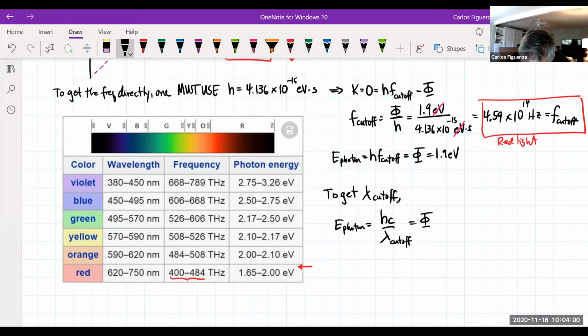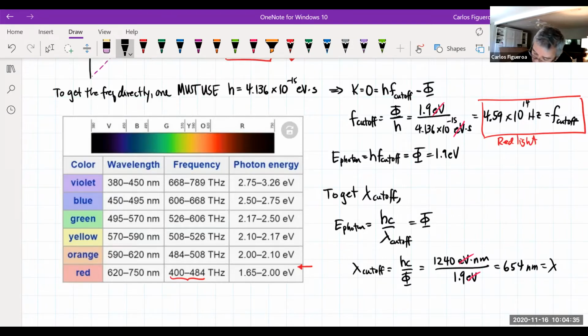When you calculate this, you're going to find that this is hc over the work function. If I plug in my values, this requires the hc value that we've talked about. In this case, we know that the work function is 1.2. Calculating these, the value that I get here is 654 nanometers. And this is the cutoff.